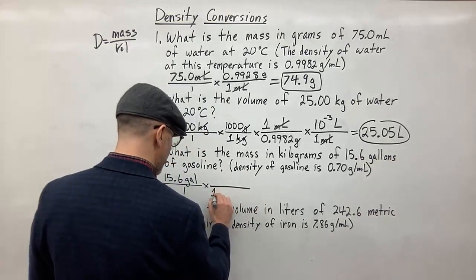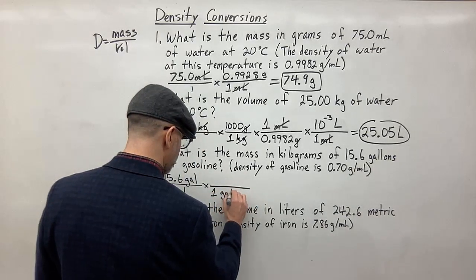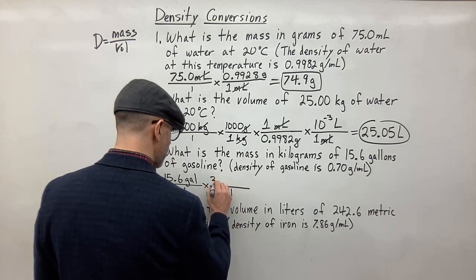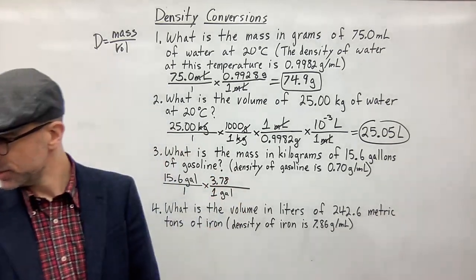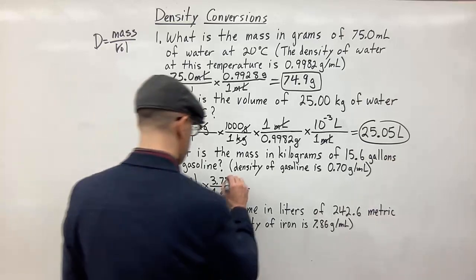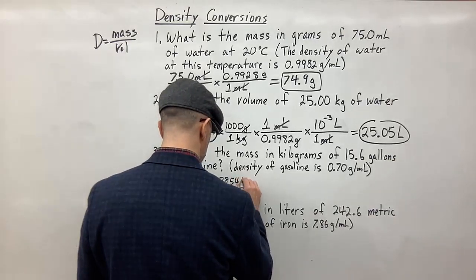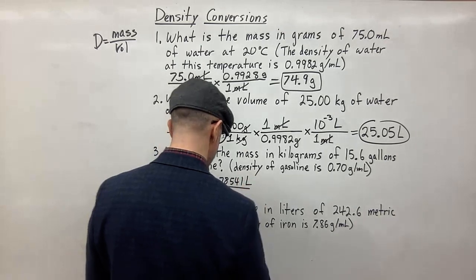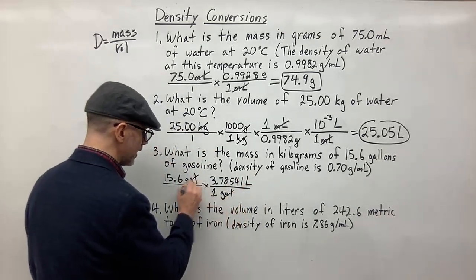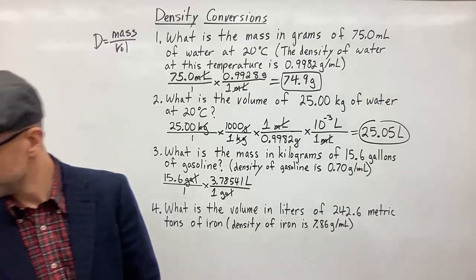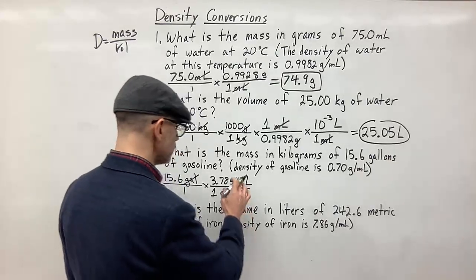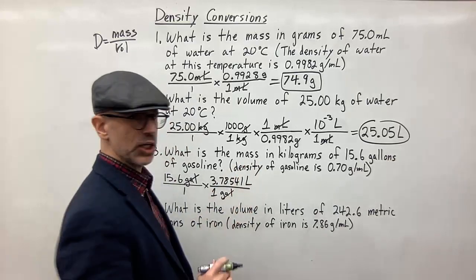So 1 gallon on the bottom, and 3.78541 liters on top. So gallons are going to cancel out. Let me double check I got this right. 1 gallon, yes. So now I have liters.